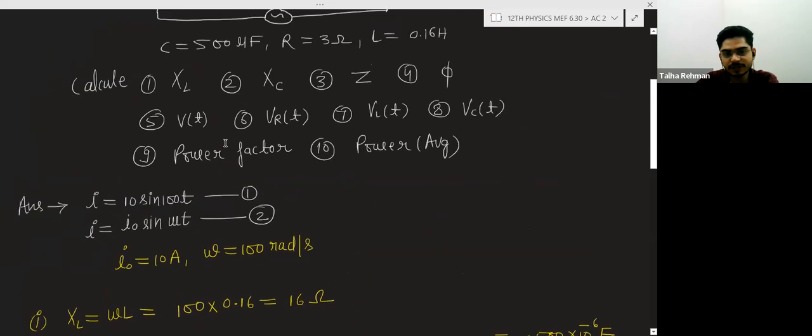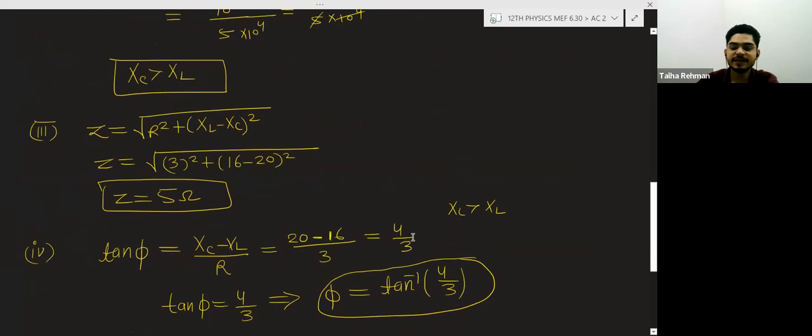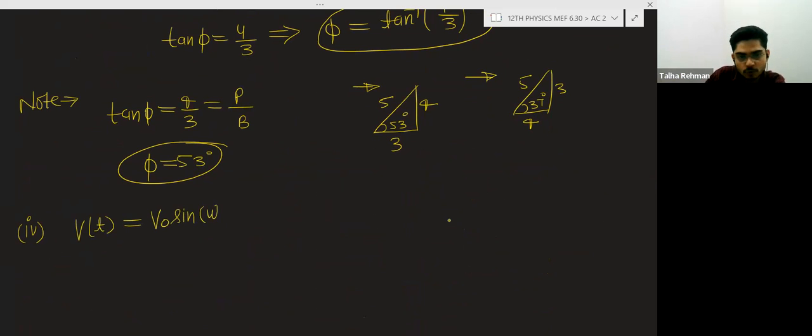Phi we calculated. They are asking voltage in the circuit at any time t. So voltage at any time t is given by V is equal to V naught sine of omega t minus phi. Why minus phi?